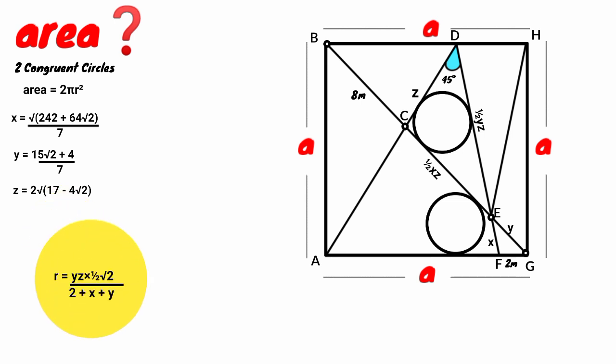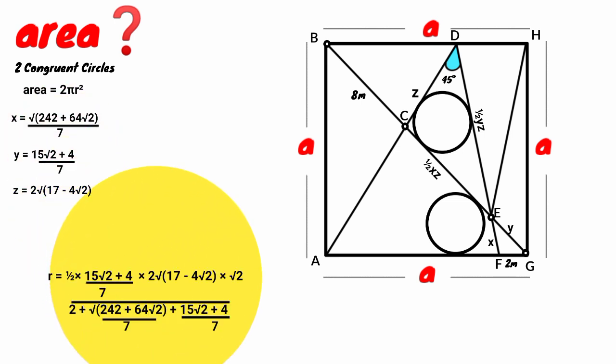We have the value of x, y, and z here. Substitute them. So R equal to 1 over 2 times 15 root 2 plus 4 over 7 times 2 into root 17 minus 4 root 2 times root 2 all over 2 plus square root of 242 plus 64 root 2 all over 7 plus 15 root 2 plus 4 all over 7.